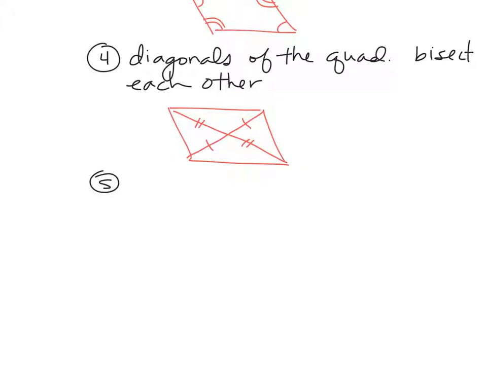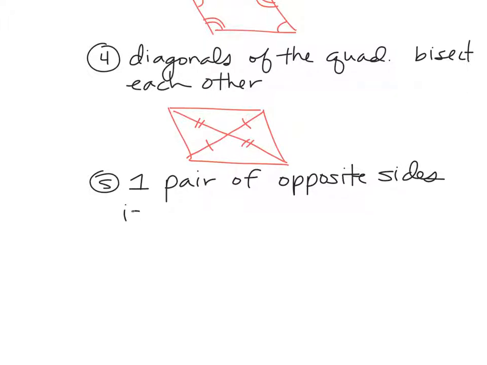Okay, last one of our list here says a quadrilateral is a parallelogram if one pair, and this one's new, you haven't seen this one, one pair of opposite sides is both parallel and congruent.